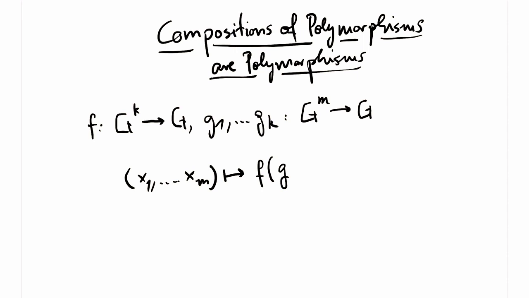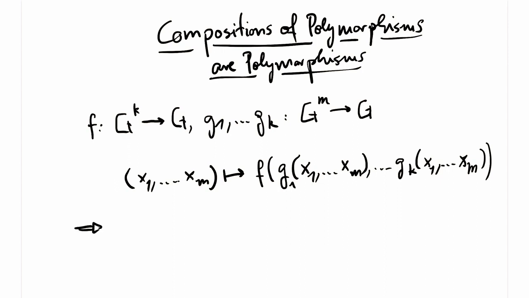But before you apply f, you apply the g's to x_1 up to x_m. First you do it with g_1 and so on, and then you apply g_k to x_1 up to x_m. And then you take all the resulting function values and you apply f to it. Then this new map, called composition, is also a polymorphism.